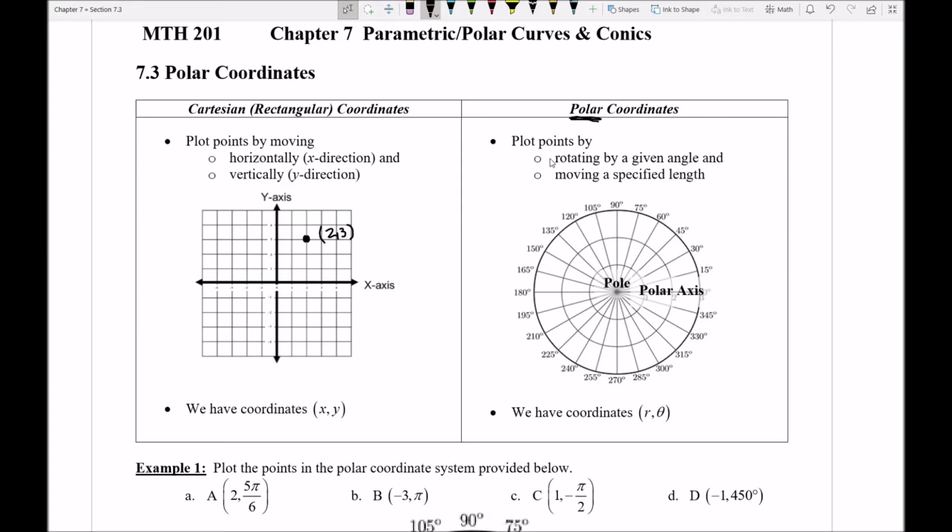I plot points by ultimately rotating by a given angle and then moving a specified length. So if I wanted to move to a point like over here in space, and I imagine that I start at something similar to what we would call the origin, in this case we refer to it as the pole. We would say, well, first, if I was originally staring out in this direction, down what we call the polar axis, I would have to rotate upward.